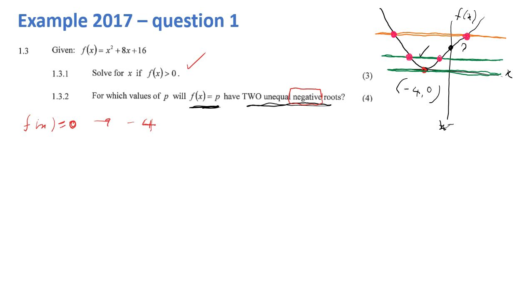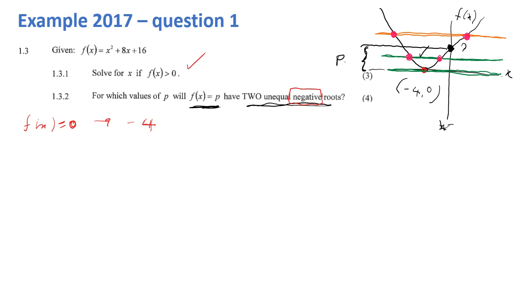So somewhere here is a cutoff point, where the roots are still negative but not equal. Oh, this is so terrible because I drew it in such a small space. But in this little region over here, not 0, but somewhere in between, those are the p-values.